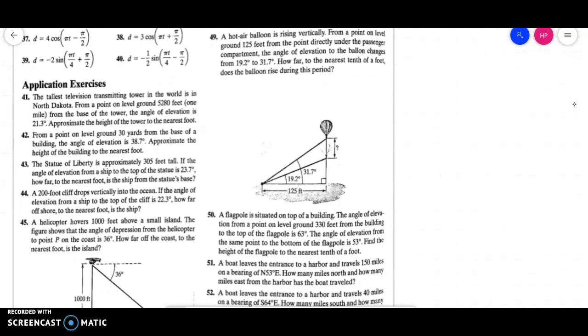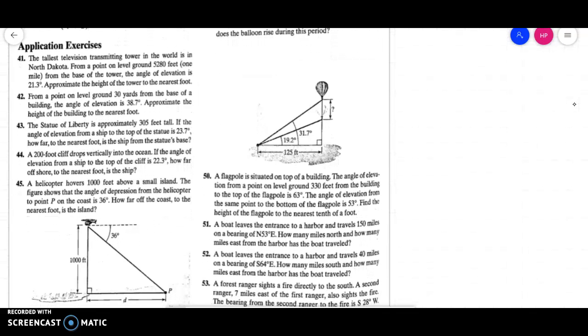So 41. This has one of my favorite numbers in it, so we'll take a look at 41. 42, 43, talking about angle of elevation in each of these problems. And then the ones at the end as well, if we know the angle and we're trying to find lengths, or some of them are actually finding the lengths, they're still your right triangles, your trig functions. You just need your pictures for them.